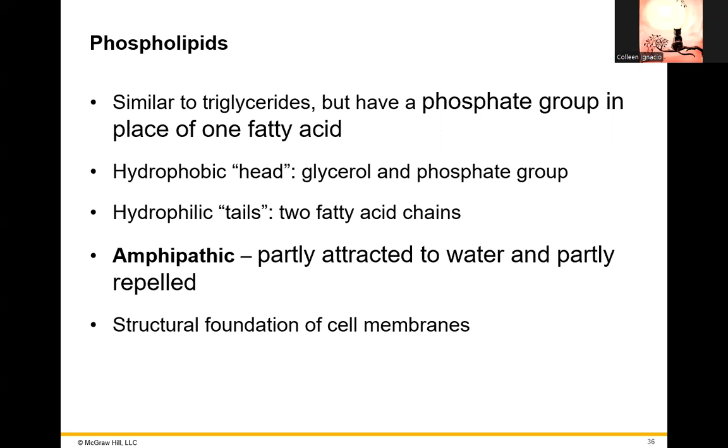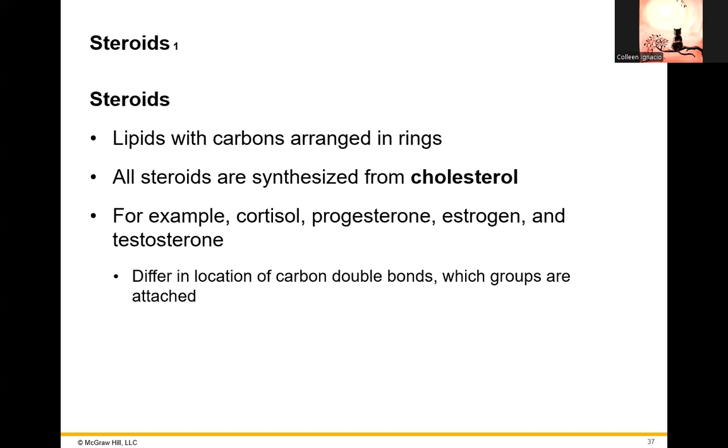And the term amphipathic means that something is partly attracted to water and partly repelled by water. Phospholipids are important because they are the structural foundation of cell membranes. We're going to get all into the cell in chapter 3. So you'll see that again, and you'll remember that we call the cell membrane a phospholipid bilayer, two layers of phospholipids.